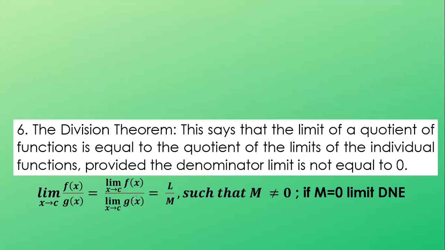Okay? And then, tsaka natin i-divide yung dalawa nating nakuhang limit. So, yung nasa baba, again, the limit m must not be equal to 0 dahil kapag 0 yung nakuha natin sa denominator, pero may value sa taas, the limit does not exist.